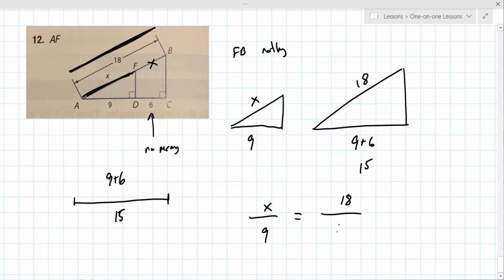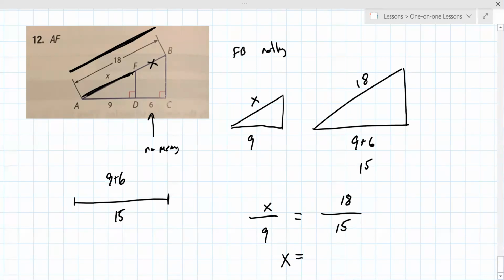Okay, so X equals 10.8. Say that one more time.